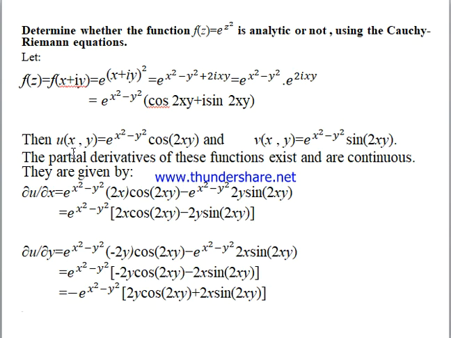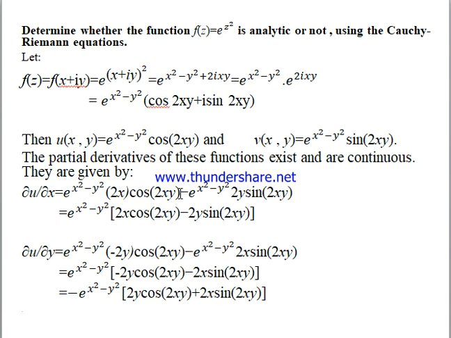First you have to find ∂u/∂x. You should find it by using the product formula d/dx of uv, that is uv' + vu'. So we write e^(x² - y²) cos 2xy. First, the derivative of e^(x² - y²) is e^(x² - y²) into the derivative of x² - y², which is 2x.